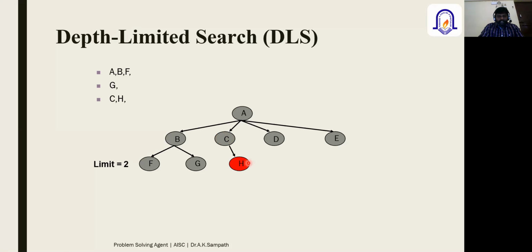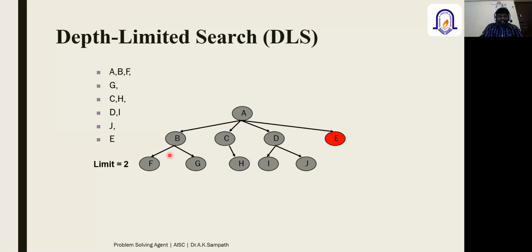If it is not a goal node, again it will traverse back to A, and then it will move to the next child, which is D, and its children I and J will be visited, and then again it travels back to A, and after that node E will be visited.